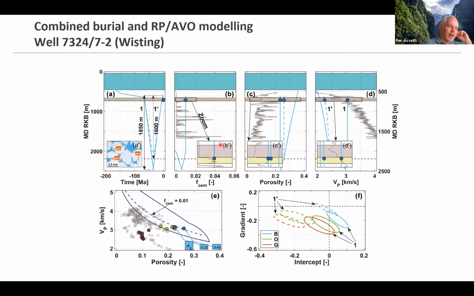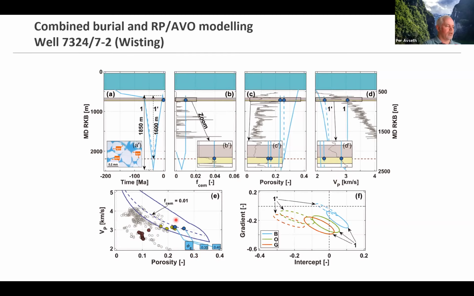Okay, so let's have a look at some real data. This is a well from the Wisting area in the Hoop area in the Barents Sea. And here is comparing a burial curve and the predicted porosity, cement volume, and the velocities. And you see here you're comparing the reservoir level, the modeled burial modeling with the real data.